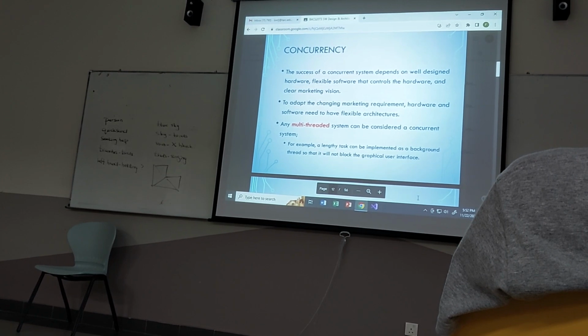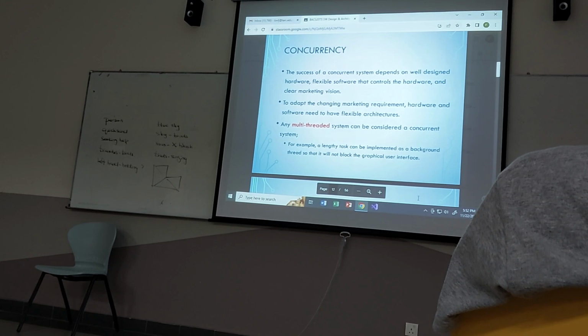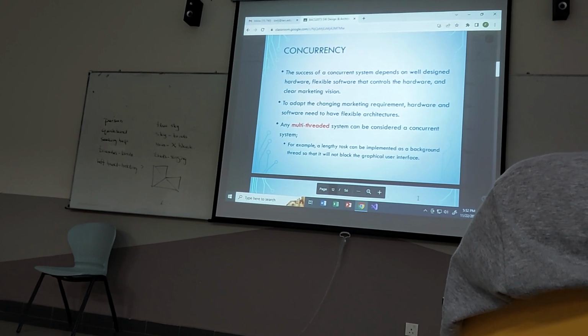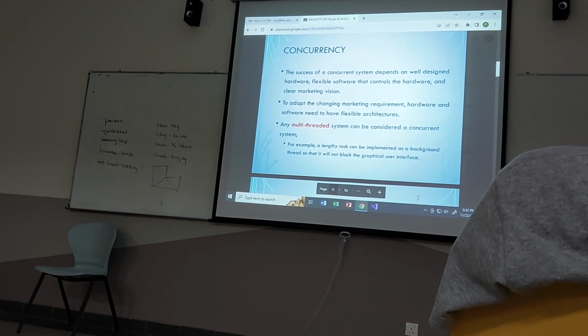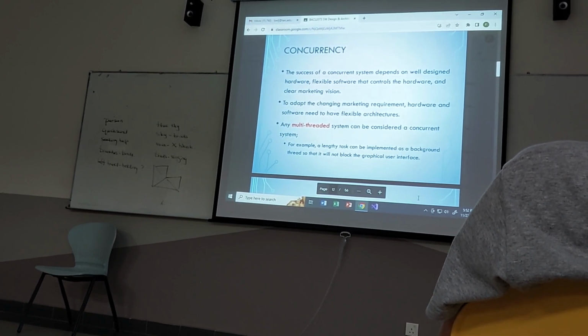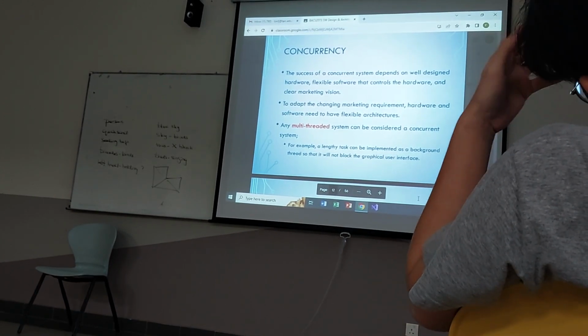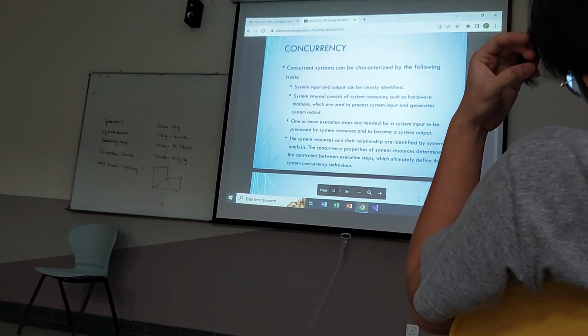You can use Java threads to create different threads and execute a thread at any time we want. Each thread is a single independent-looking activity. So a multi-threaded system can be considered a concurrent system.